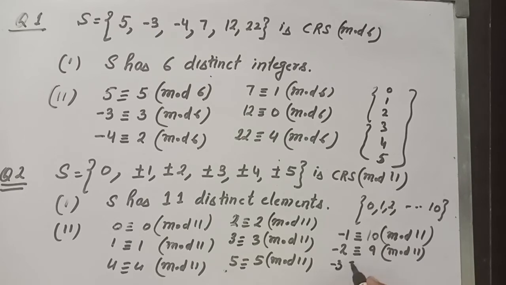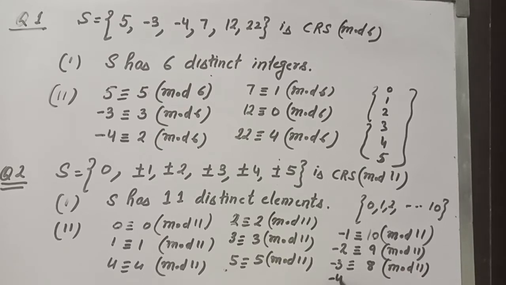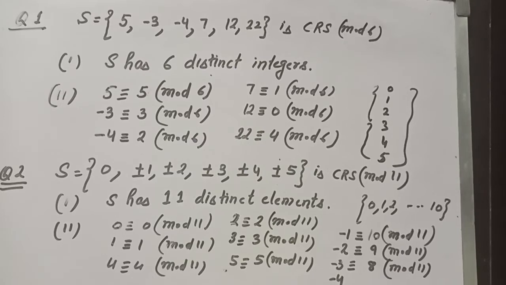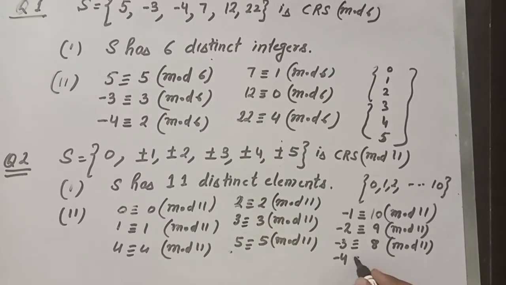So -3 is congruent to 8 mod 11, -4 is congruent to 7 mod 11, and -5 is congruent to 6 mod 11.